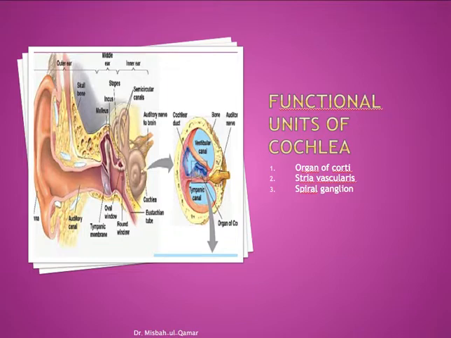If we consider the cochlea as an instrument which produces electrical signals on encountering the sound vibrations, then this organ of Corti will be considered as a sensor, while the stria vascularis will act as a battery which will generate the voltage which is necessary to create the electrical signals, right?